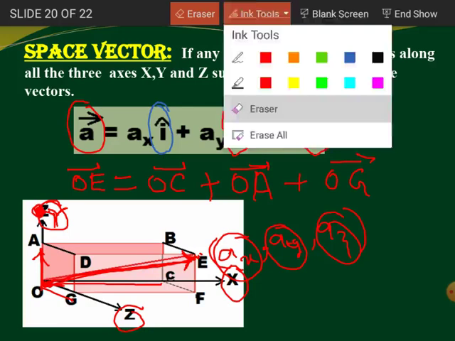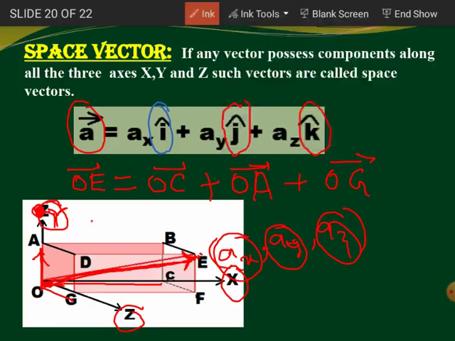Let me write it. OE will represent your vector A, and OC, its magnitude is Ax, and the direction will be given by i cap as it is along the x-axis.